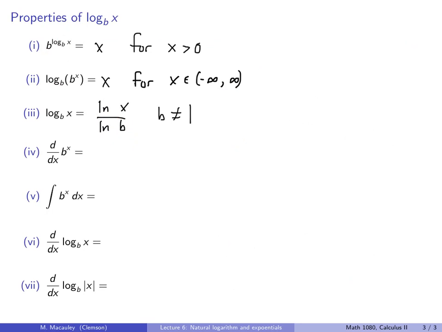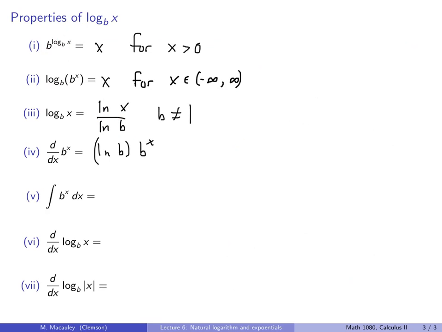Okay, so the next property, I did this on the last slide, but let me just summarize again. The derivative of b to the x is the natural log of b times b to the x. And this, of course, holds for all x, positive, negative, or 0.